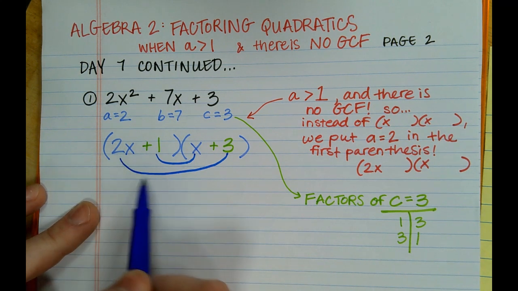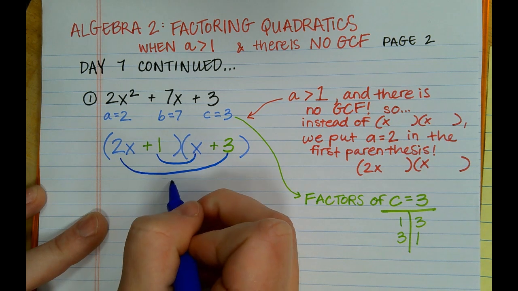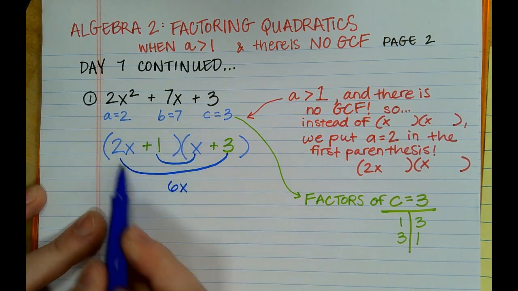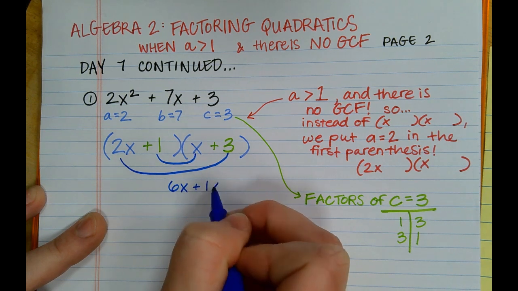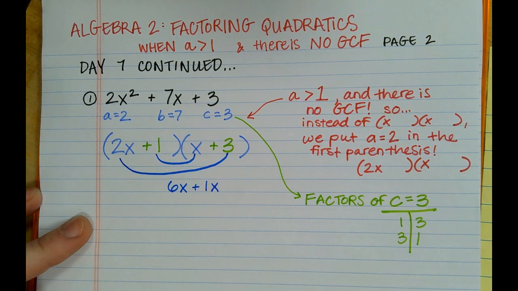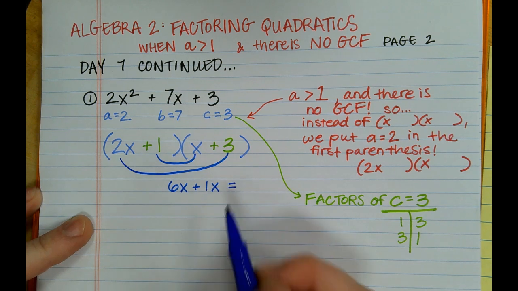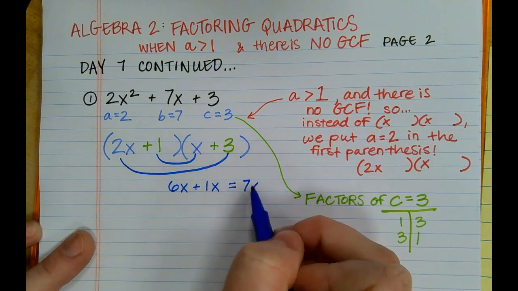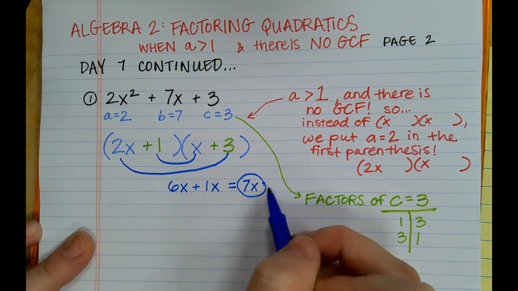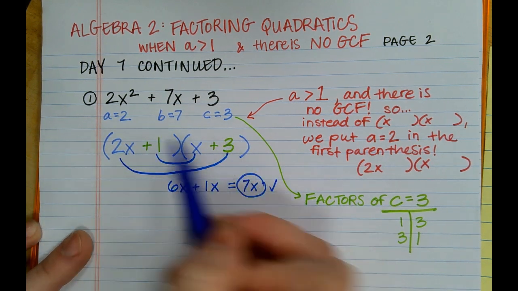So 2x times 3 is 6x. 1 times x is 1x. 6x plus 1x is 7x. Yes. It's right. So this is our answer.